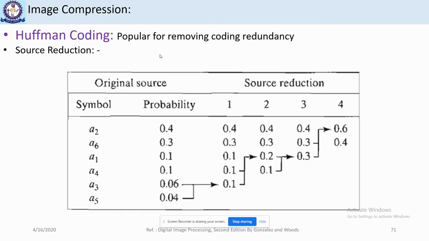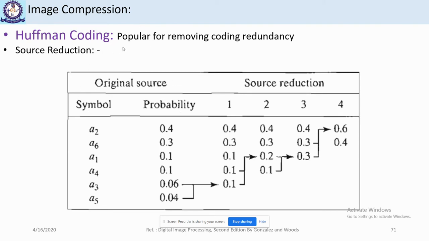In variable length coding, we assign more bits to less probable symbols and fewer bits to more probable symbols, and by doing so we reduce the coding redundancy and achieve image compression.